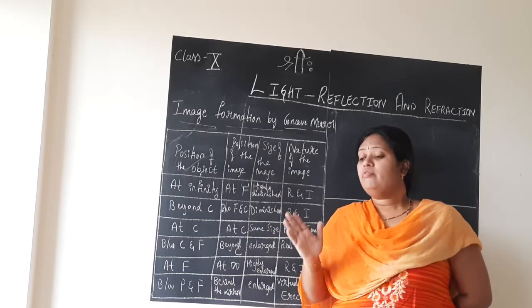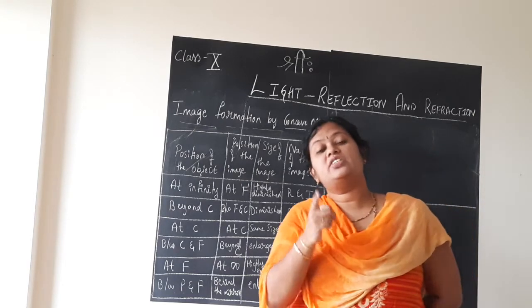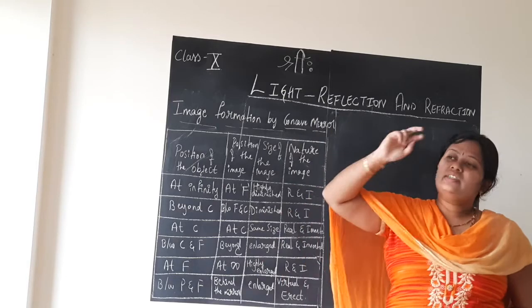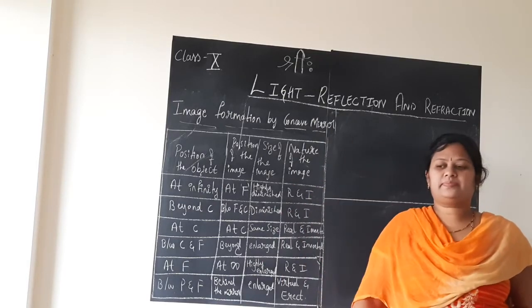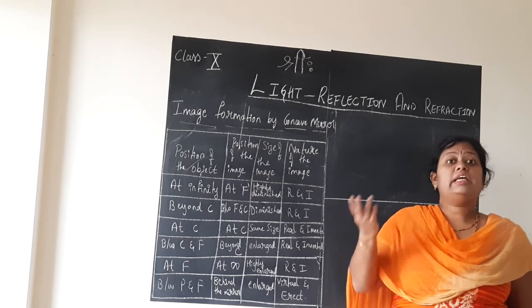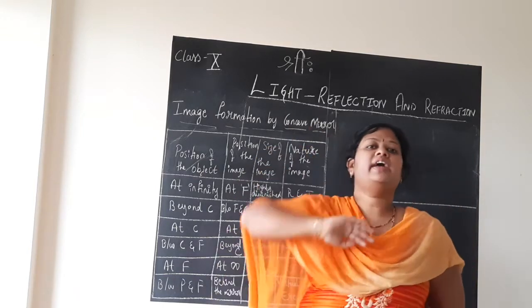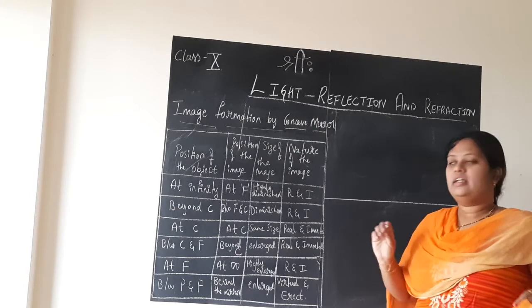So what is happening is, first, when the image is formed at the retina, the image is always inverted. Later on, some part of the eye will make it erect. Hence you can see the object straight, erect.